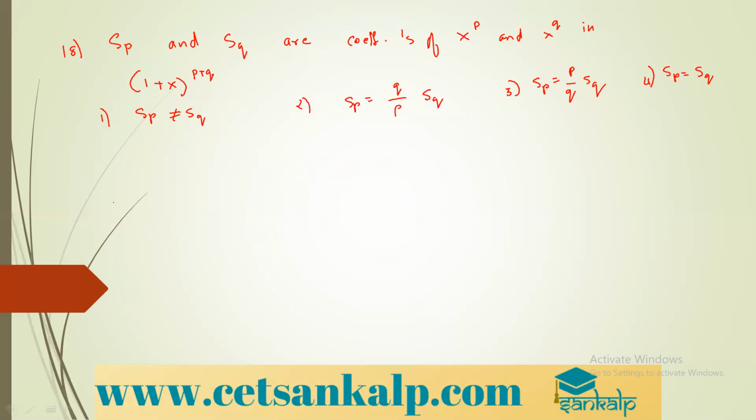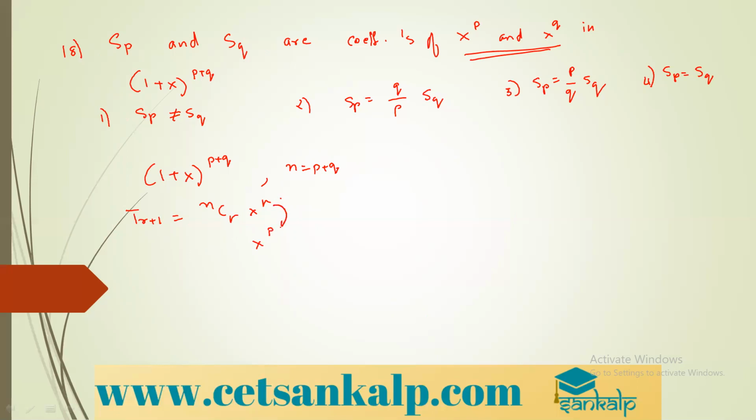So first we will find the coefficients of x power p and x power q. We will take the expansion 1 plus x power p plus q. The power n is p plus q. When I take the general term nCr x power r, I will have the coefficient of x power p.